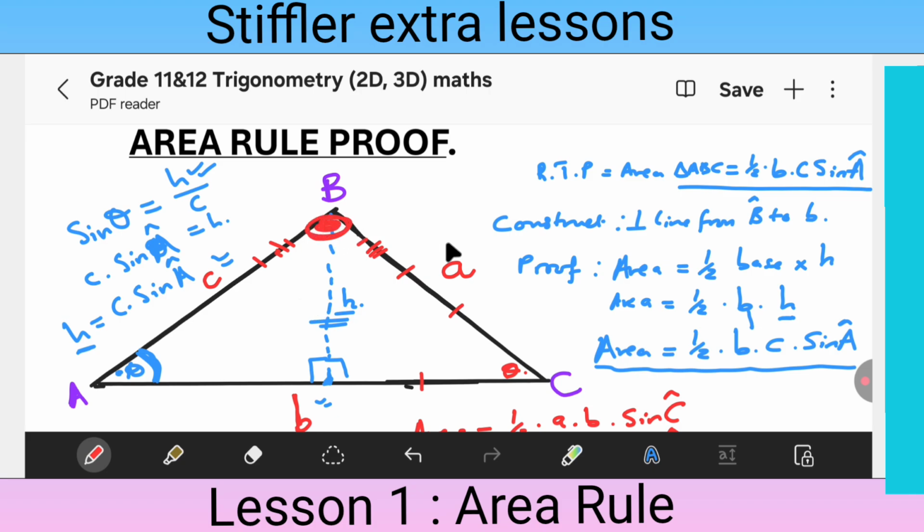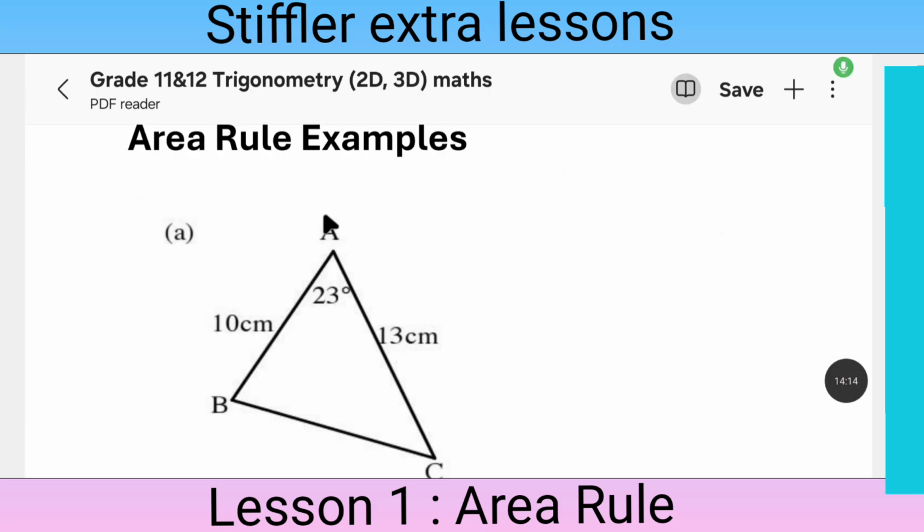Now let's try to use the area rule to find the area of the given triangles. So let's see how we can do that. Here we have triangle ABC, in which we know the line AB and also the line AC.